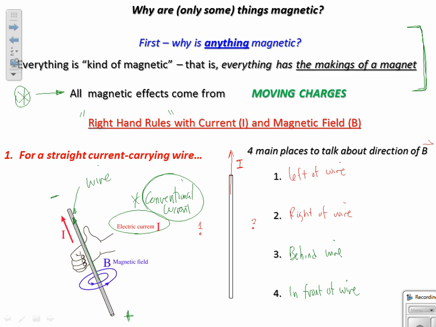So I have my right thumb pointing directly upward in the direction of that current. If I wrapped my fingers around this wire, well, I can't get it. I'm trying to jam my fingers through the board. But if they curled to where location 1 is, I'm doing it even though you can't see me. At location 1, my fingers would point out of the page.